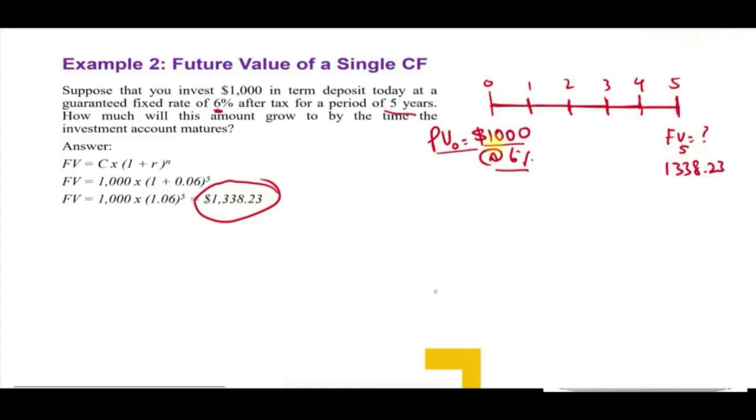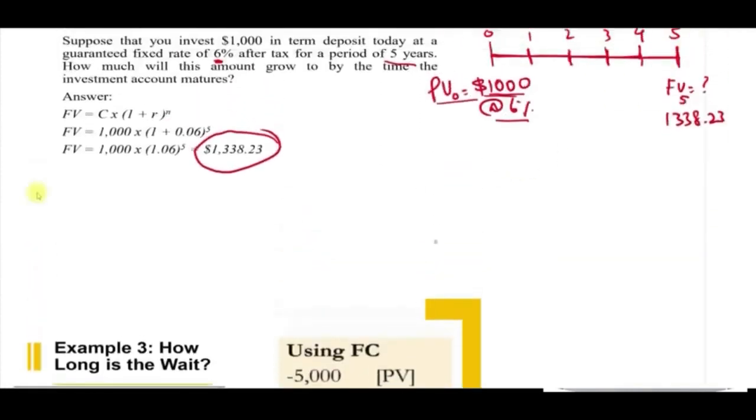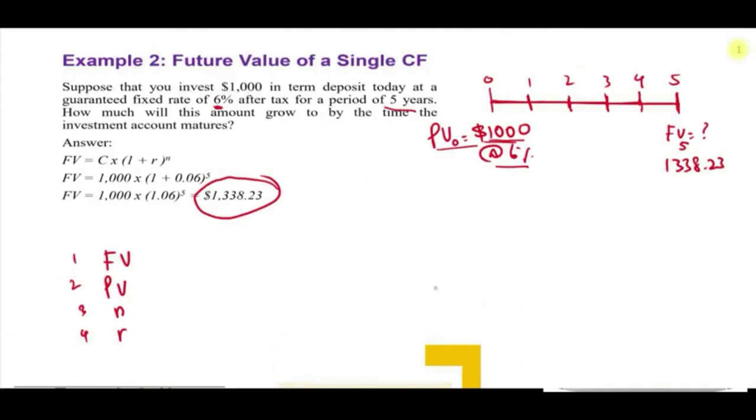In this case we have a single cash flow. In this formula we have different components: future value, present value, number of periods, and the interest rate.